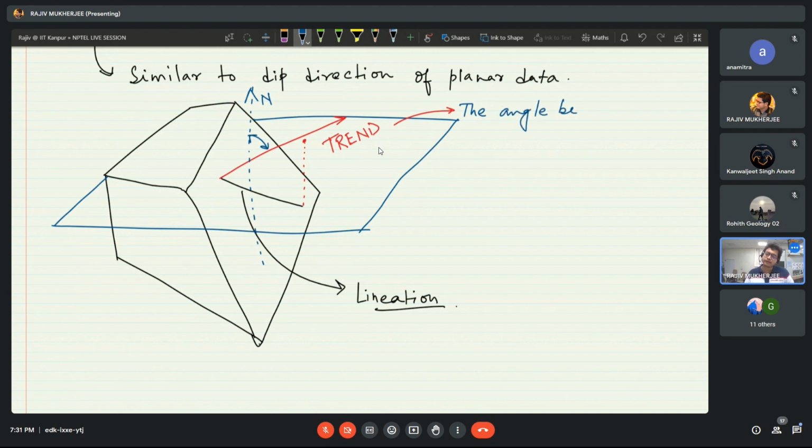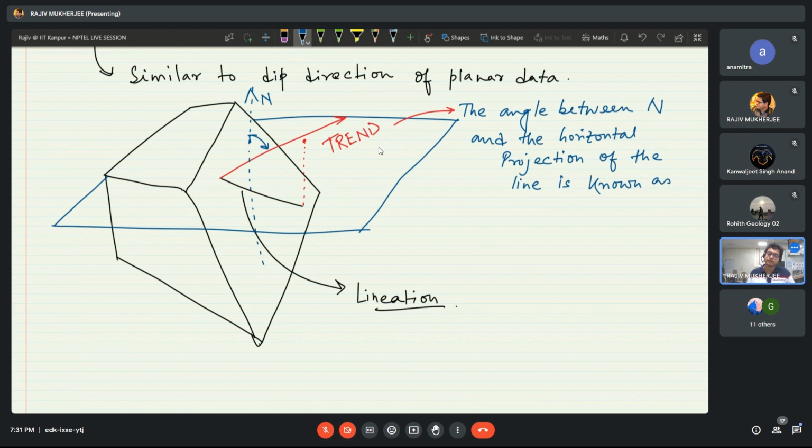The angle between north and the horizontal projection of the line is known as trend, right?